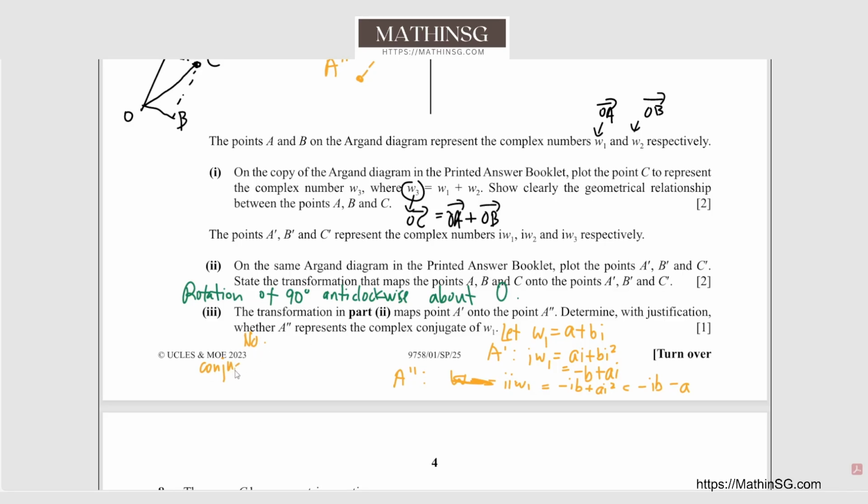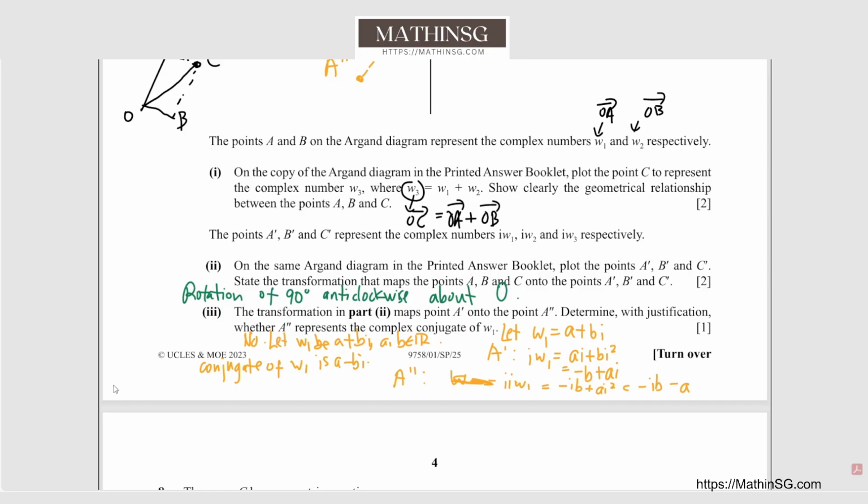Conjugate of W1. Let W1 be a plus bi, where a and b are real. The conjugate of W1 is a minus bi.